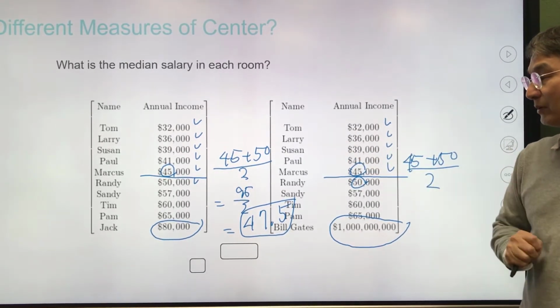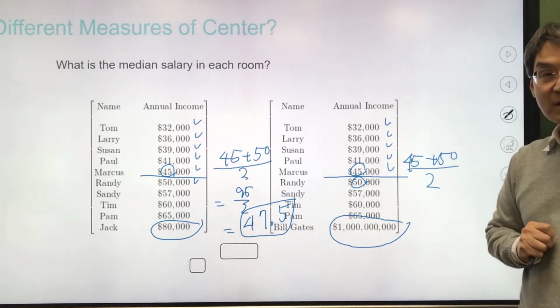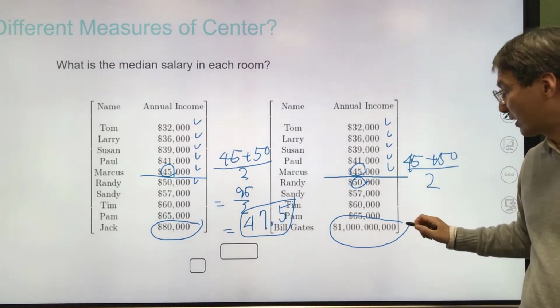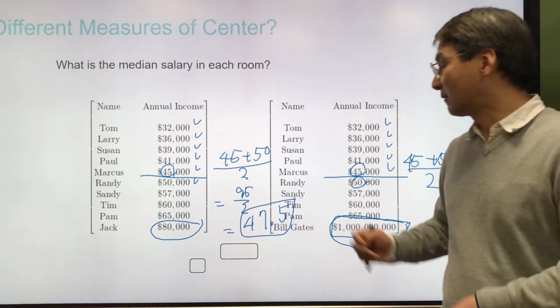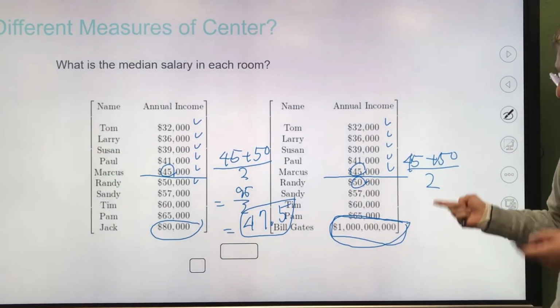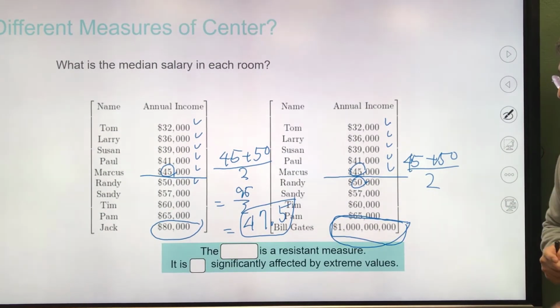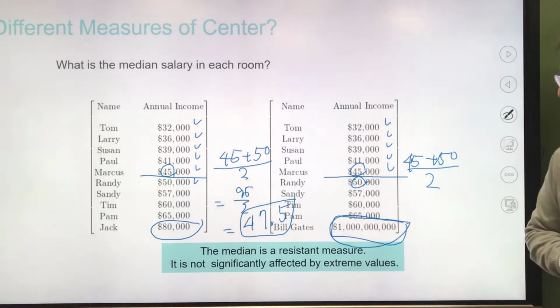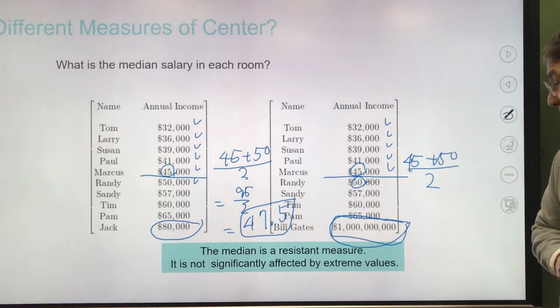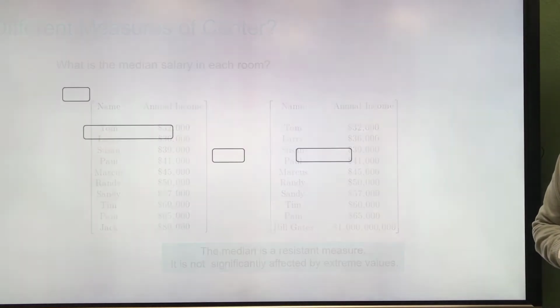For this example, median values are exactly the same, even though we have a different data point for the last one. So the median didn't get affected by the extreme value. The median is a resistant measure. It does not get easily affected by extreme values.